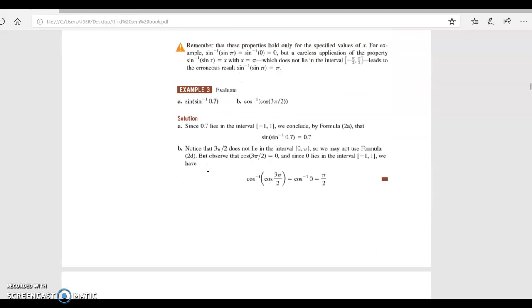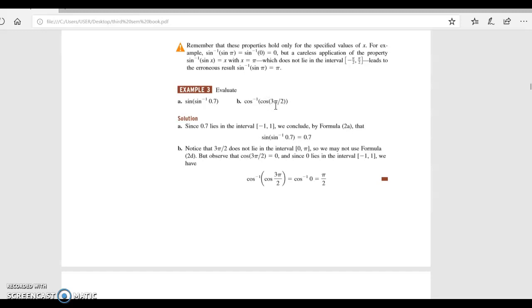Cos inverse of cos 3 pi by 2. Notice that 3 pi by 2 does not lie in the interval 0 to pi, which is the domain of cosine.